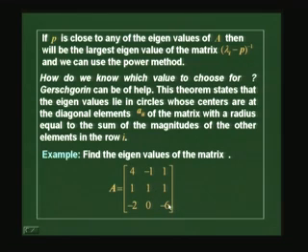How far from 4 the eigenvalue will be is given by the sum of the magnitudes of the other elements in the row. That is, this will be 4 plus or minus 2, this will be 1 plus or minus 2, and the third eigenvalue will be minus 6 plus or minus 2. So I can use that.